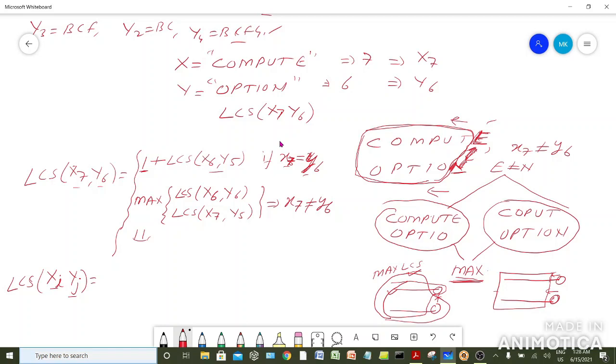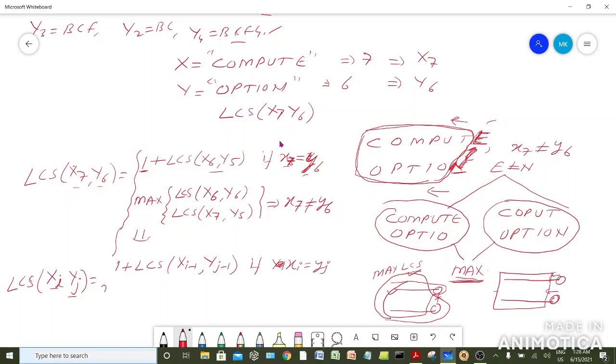So the equation can be written as that it will be equal to 1 plus LCS of x of i minus 1 and y of j minus 1 if x of i was equal to y of j.